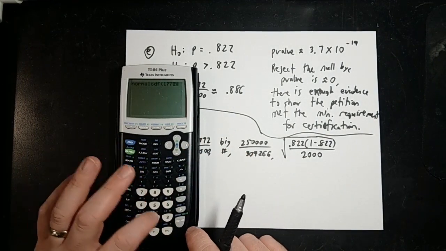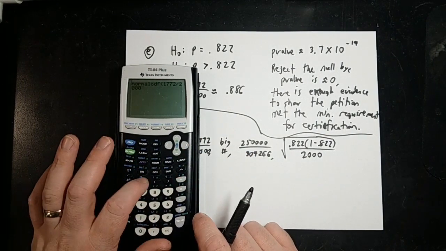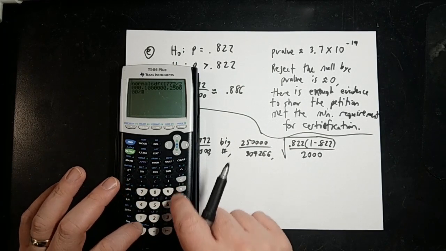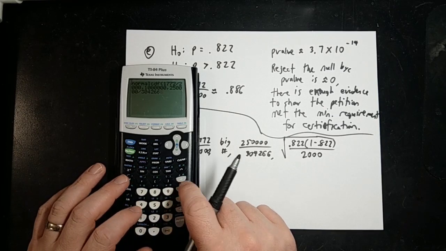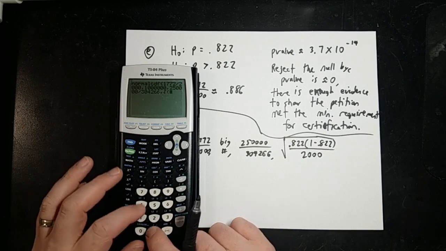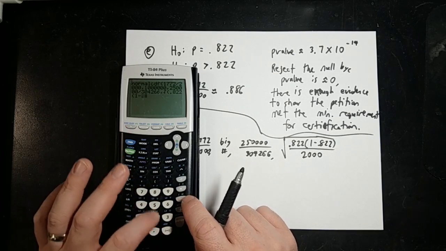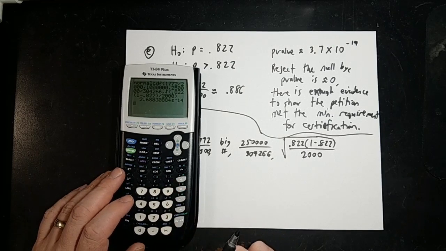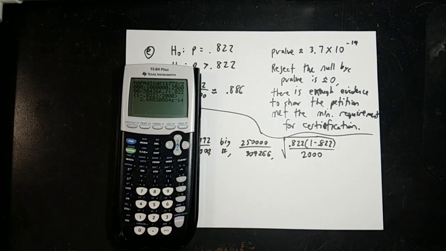Normal CDF, 1772 divided by 2,000, comma, some big number, comma, that thing, comma, and I'm going to have to do the decimals here. 0.822, parentheses 1 minus 0.822 divided by 2,000, enter. Now, my number is a bit rounded.